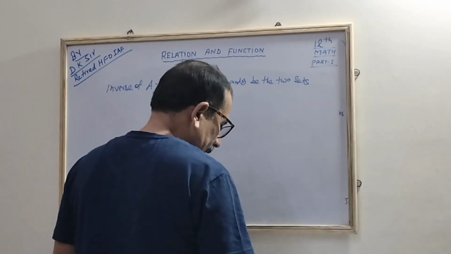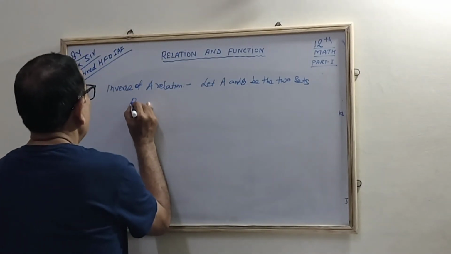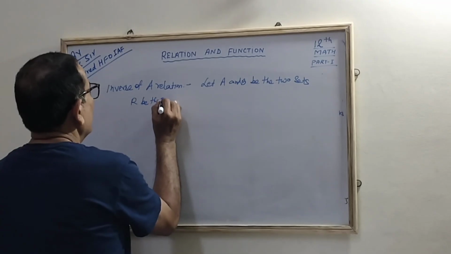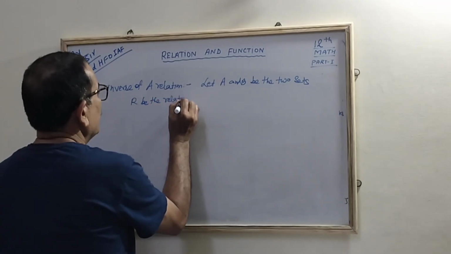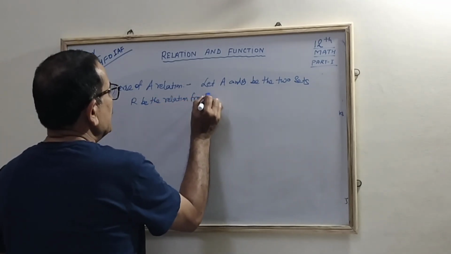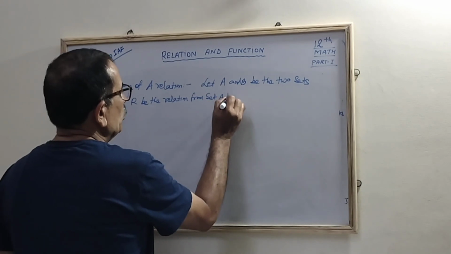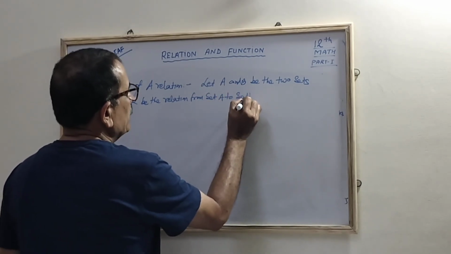Let R be a relation from set A to set B. Correct?